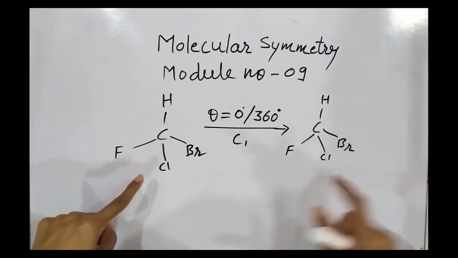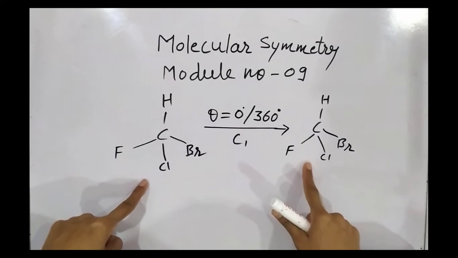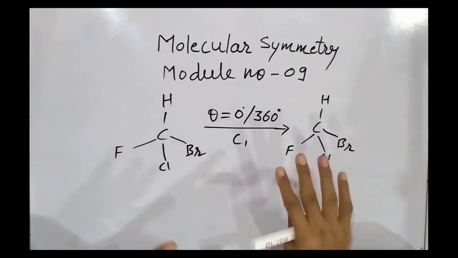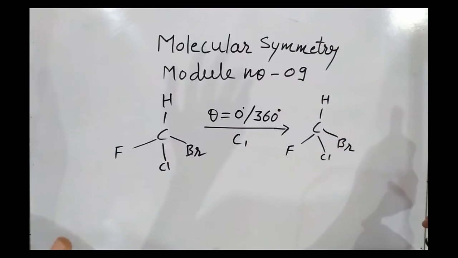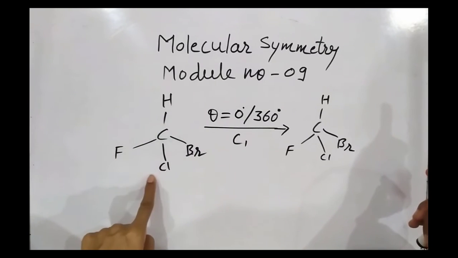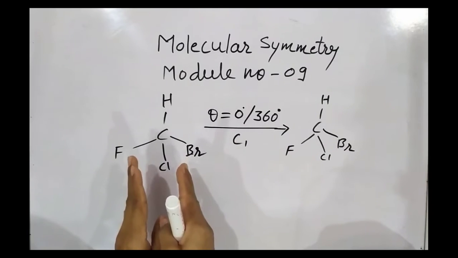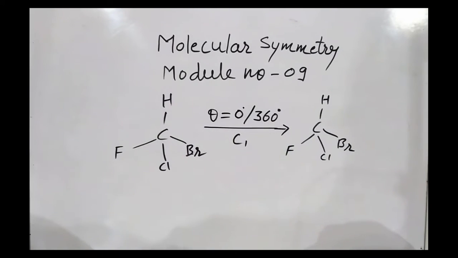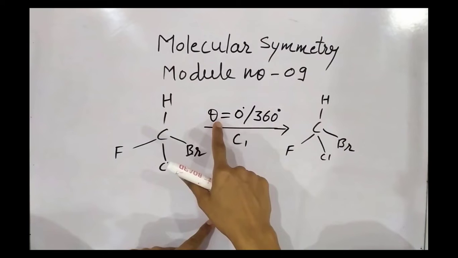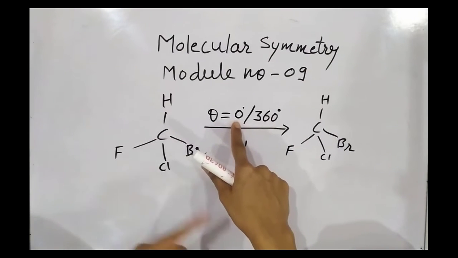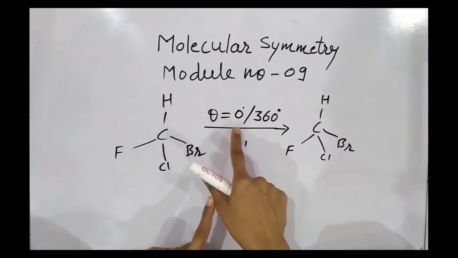Then what will you do if you want to get the same molecule? Either you will not rotate it at all, you will keep it as it is, meaning you are not doing any kind of operation on it, and then also you get the same image. That means you are rotating it by 0 degrees, you are not rotating it.